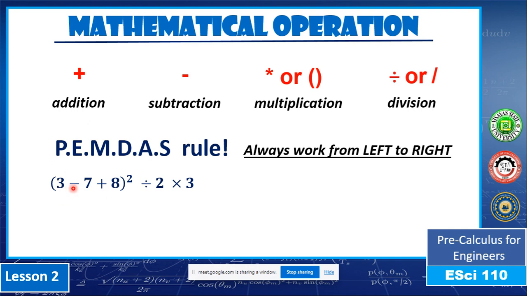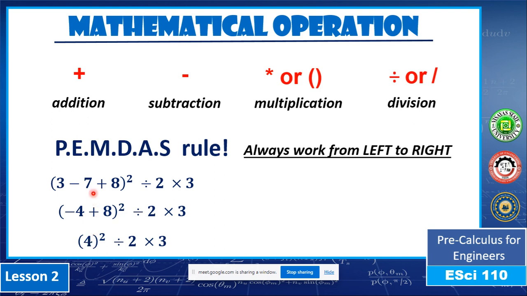Sa loob pala ng parentheses, we have subtraction and addition. Remember, left to right. Since nauna yung subtraction, i-subtract mo muna. So we have 3 minus 7 equals negative 4. And then, sunod yung addition ng 8. So negative 4 plus 8. Copy that one, divided by 2 times 3. So after that, negative 4 plus 8 is just 4.